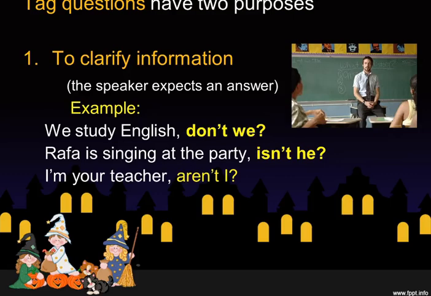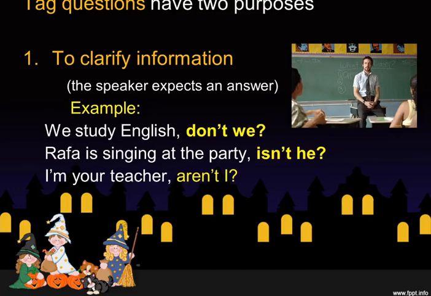Example: we study English. For example, a teacher comes to the class and he is an English teacher. He says to the students, the statement is this: we study English. And he asks next, don't we? Why is he asking this question? He knows that he is an English teacher, that he is teaching English, and that the students sitting before him are students of English.